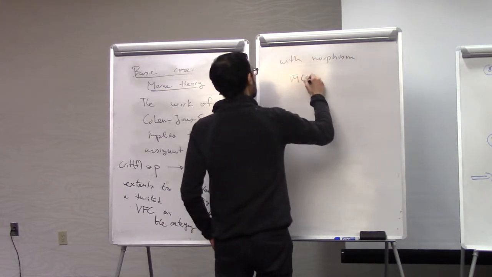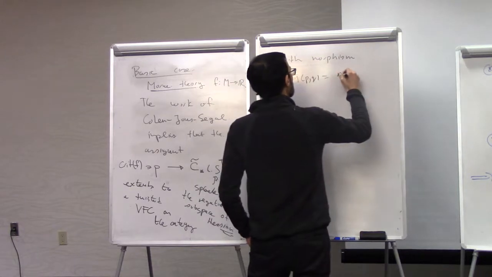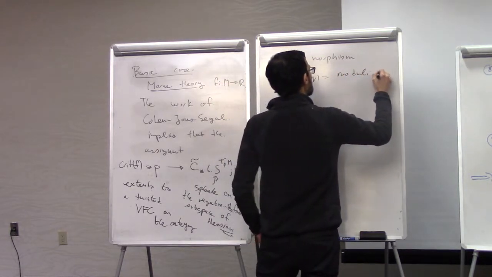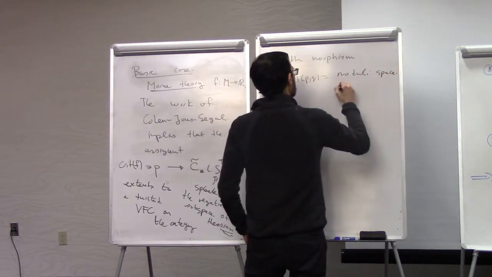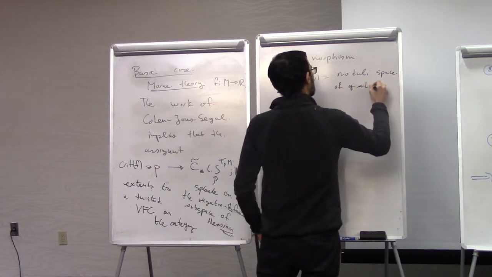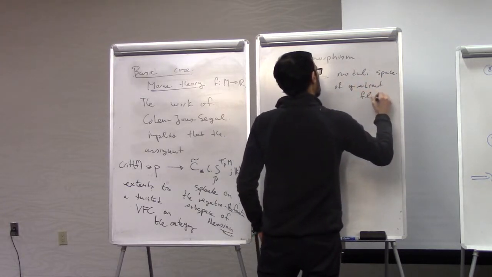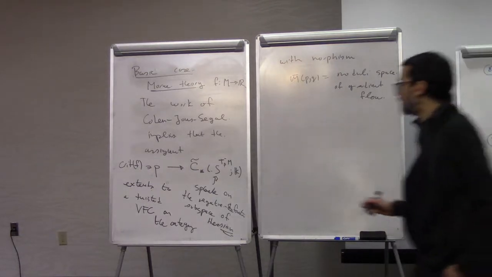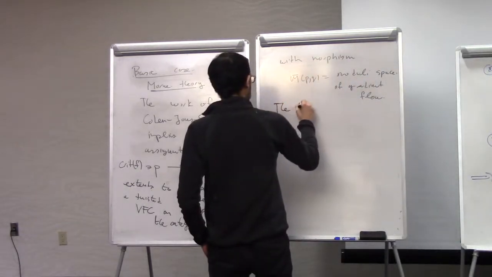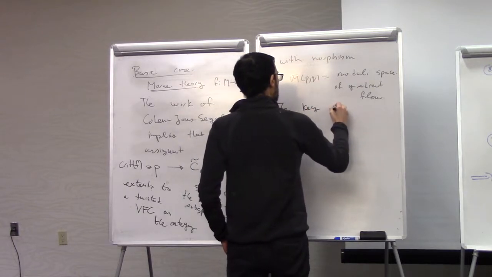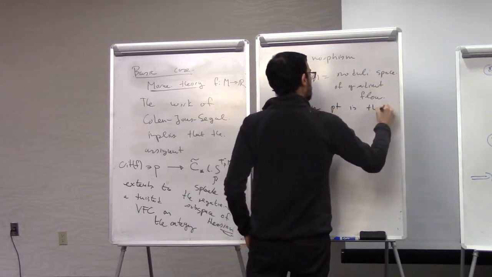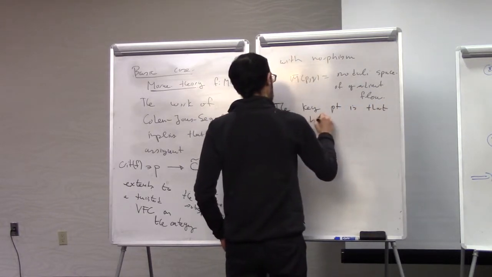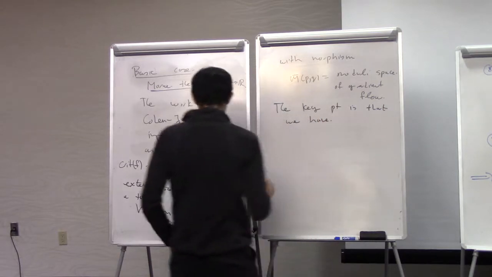M bar PQ is the moduli space of gradient flow. The key point is that we have isomorphisms, something like this.